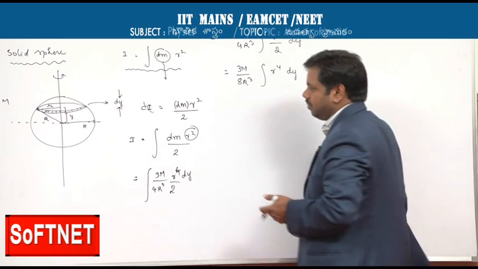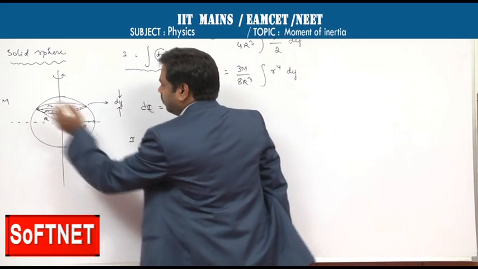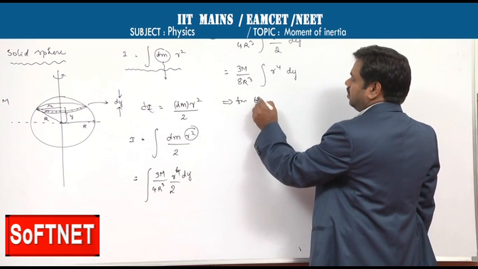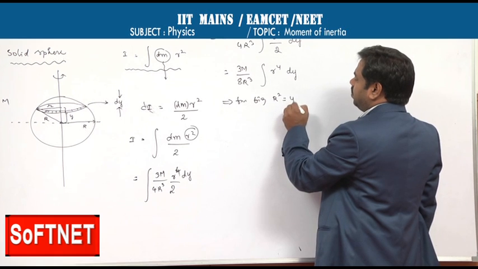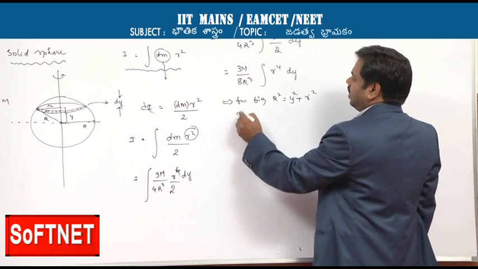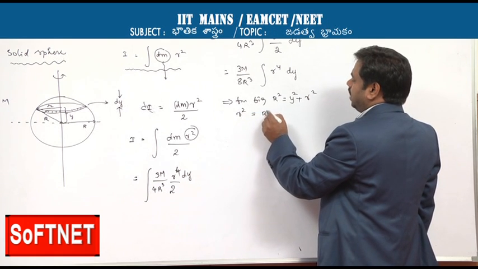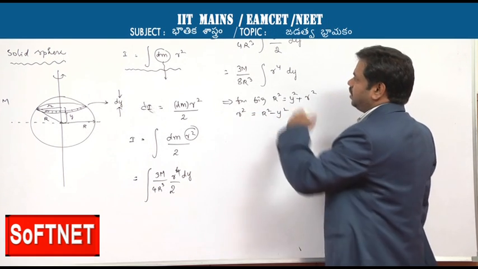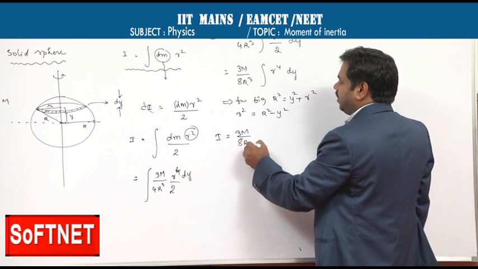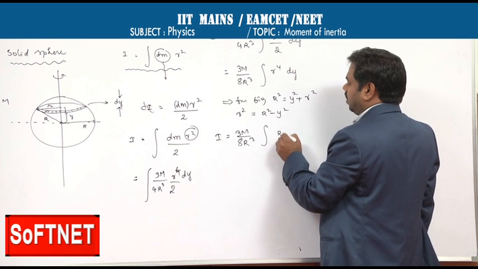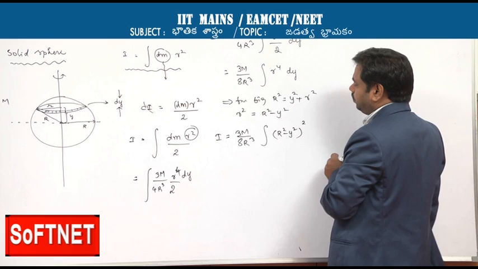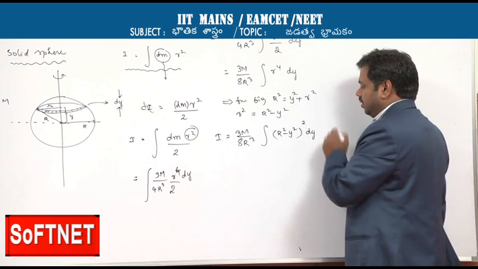From simple mathematics, from the figure, capital R square is equal to y square plus r square. That is, r square is equal to capital R square minus y square. Substitute that in this equation: 3M by 8 R cube integration of (R square minus y square) whole square into dy.